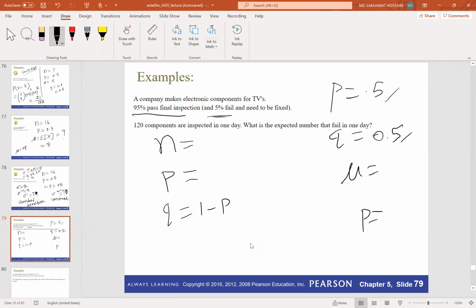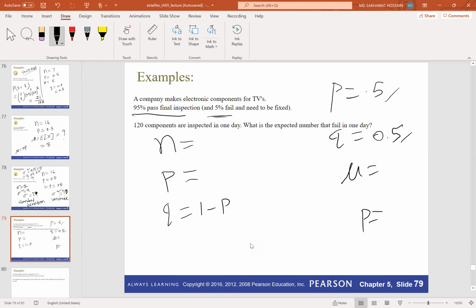But if p is smaller or greater, different from 0.5, then there is a chance that you will make a mistake. The most important thing is to determine the success.